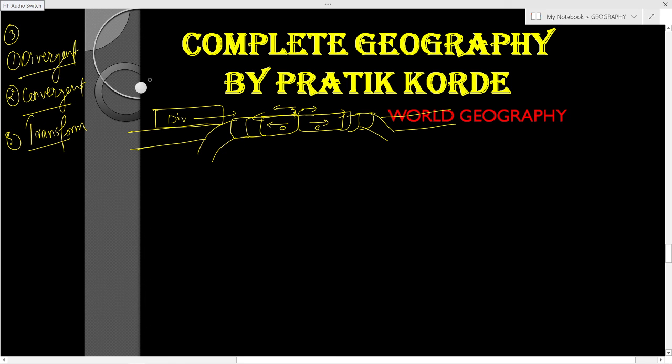Hence if they're moving away from each other, there'll be no destruction, there'll be construction. So while we are talking about the divergent, it is also called constructive, because construction of crust happens here. It is also called an extensional boundary.